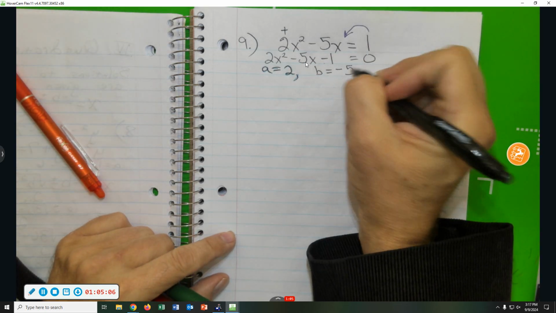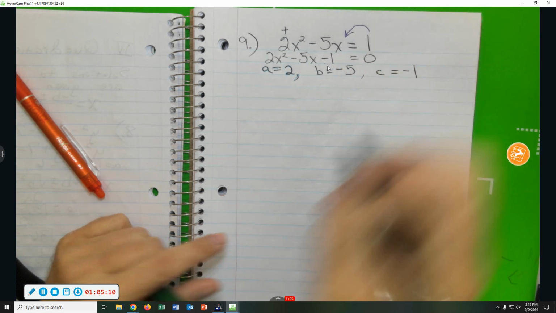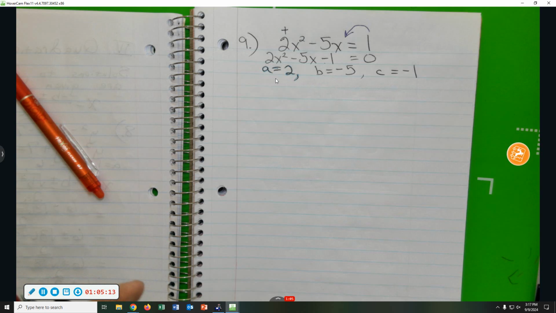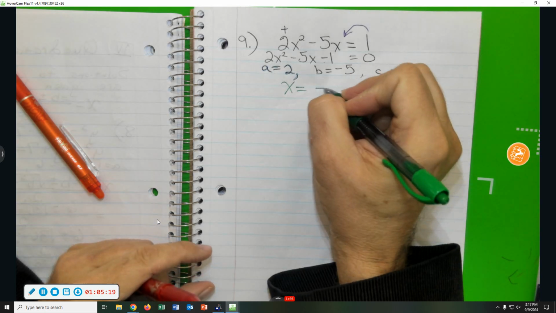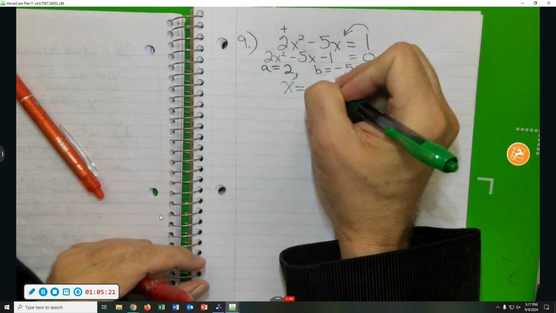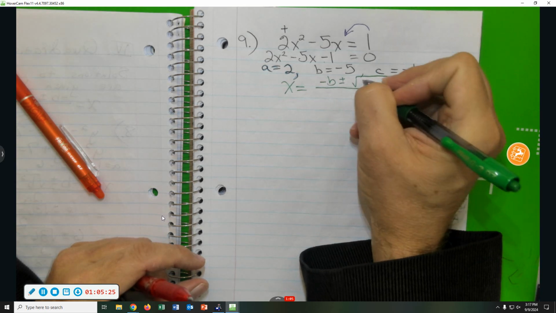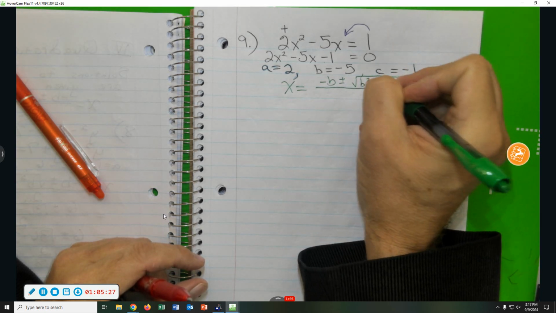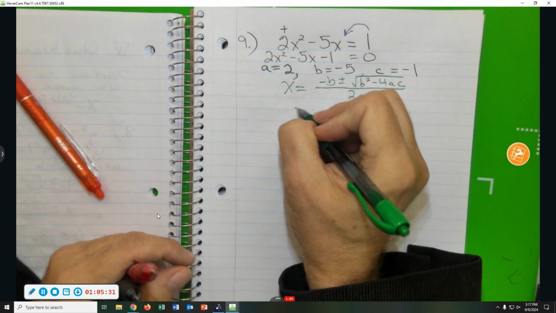Remember, take that sign. And C? I agree. Recall the quadratic formula. X equals negative b plus or minus the square root of b squared minus 4ac, all over 2a.